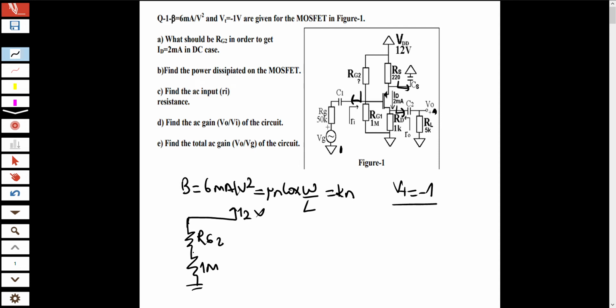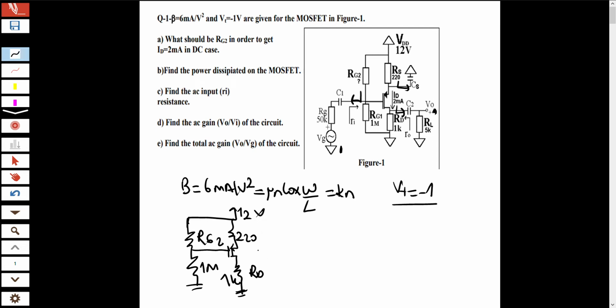Here 12 volts. Here our source 220, and here there is RD, which is 1K, and sorry, this is not NMOS, this is PMOS.